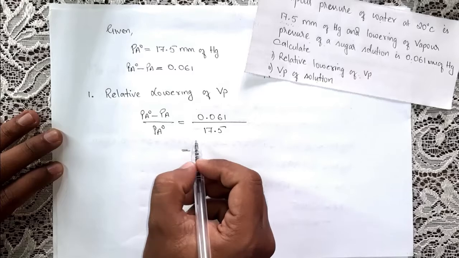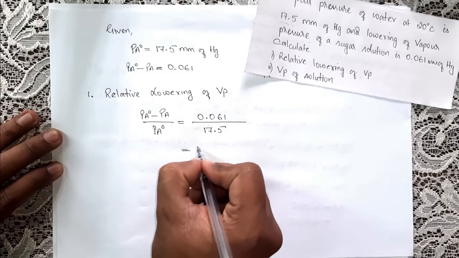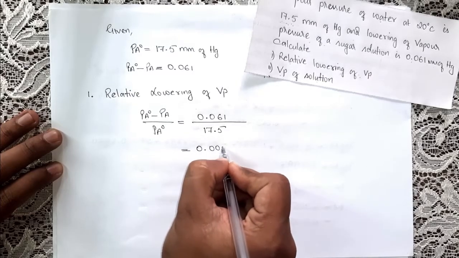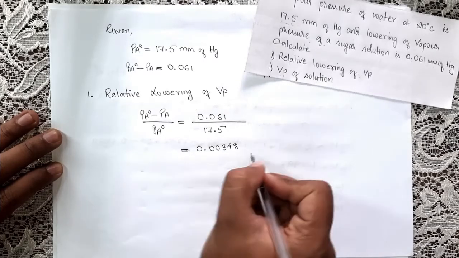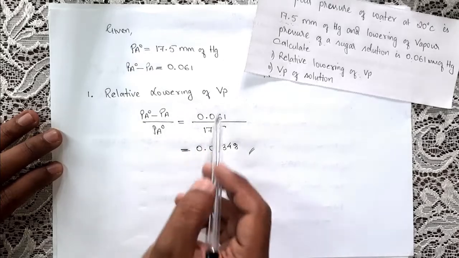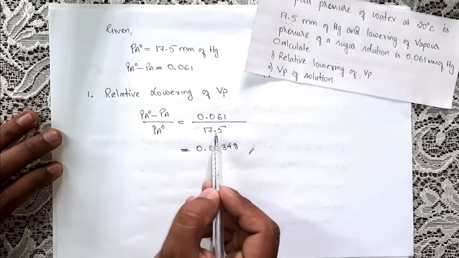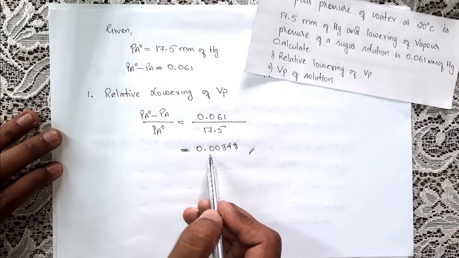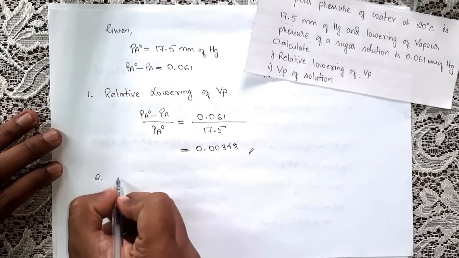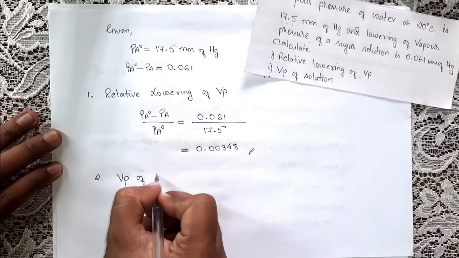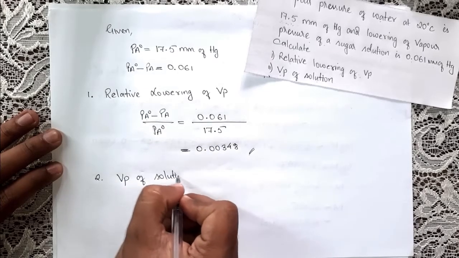So if you divide these values, you will have 0.00348. So this will be your first answer, the relative lowering of vapor pressure. And then the second part of the question is vapor pressure of solution.